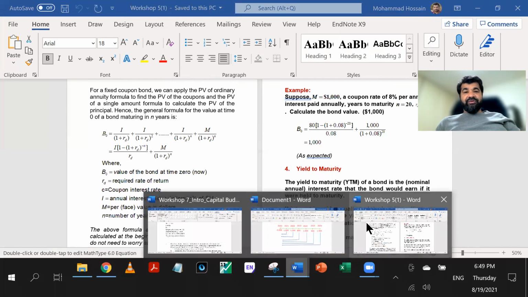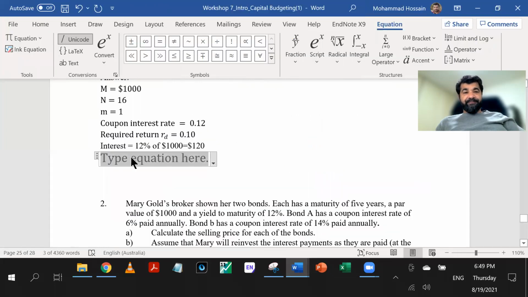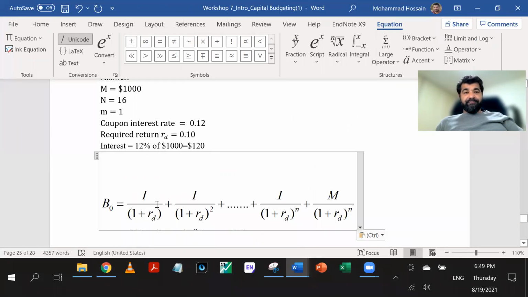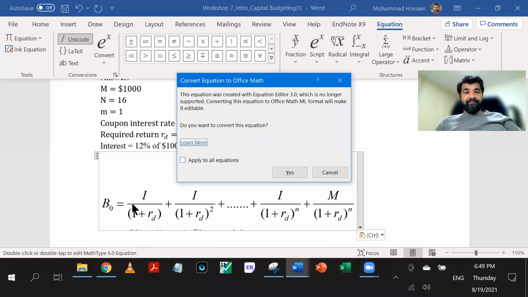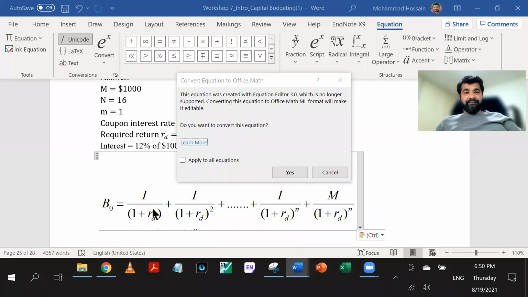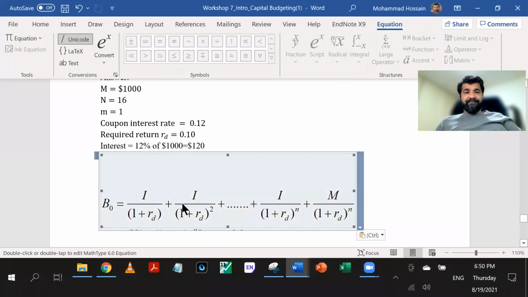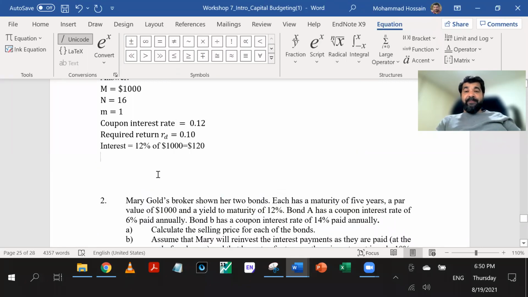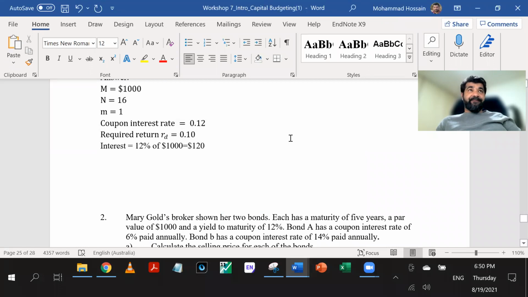So this is the equation you're going to use here. It's not working. I'll type it, it's okay.